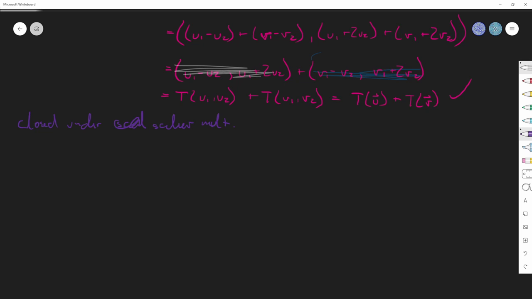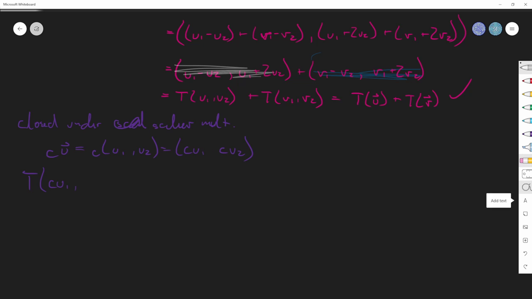So if we have some constant c, we multiply it by the vector u. This is going to be c times (u1, u2), which we can put the constant inside, so we have (cu1, cu2). All right, cool. So now we're just going to plug this into our function.